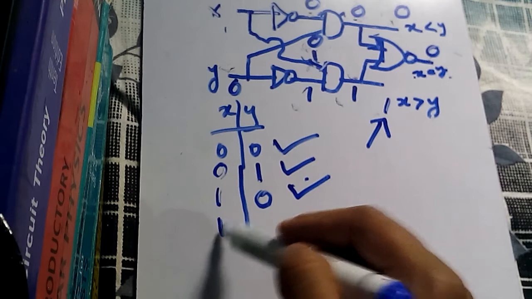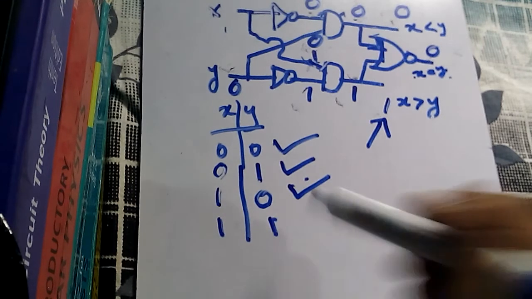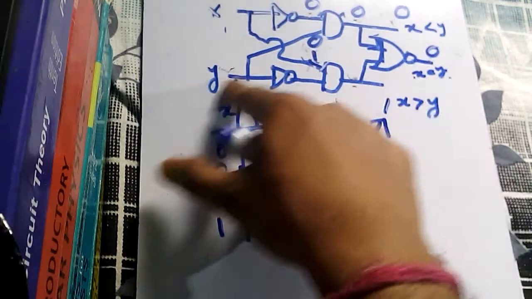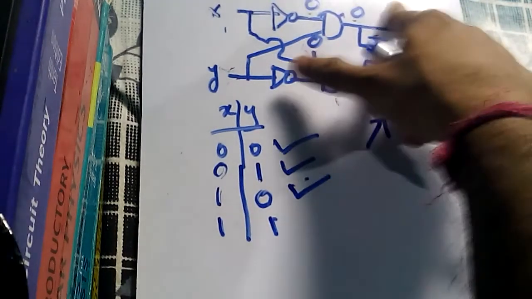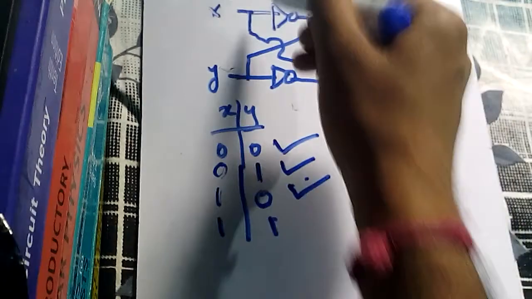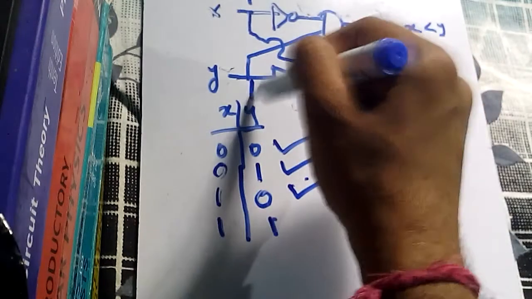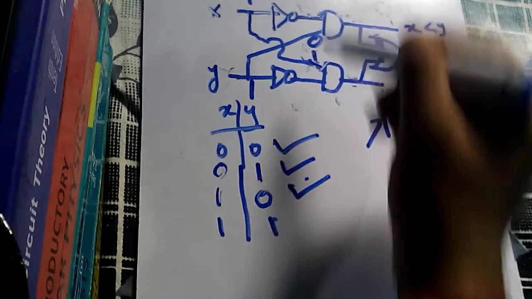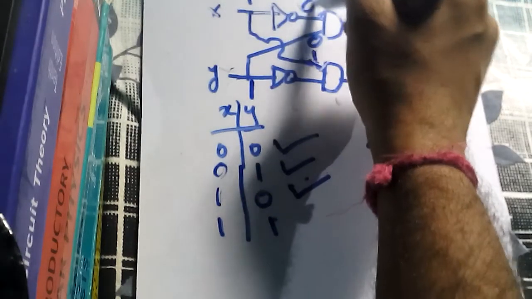Now the last value that we need to see is 1 1. So let's modify this, remove these previous values. Let's put these values 1 and 1 here. After passing through this NOT gate it becomes 0.